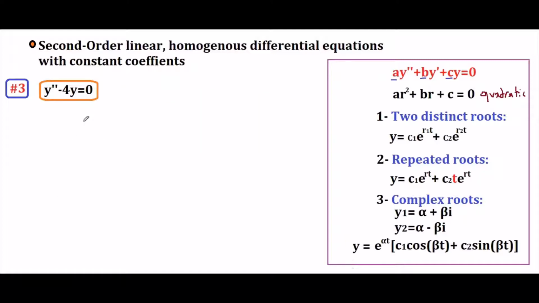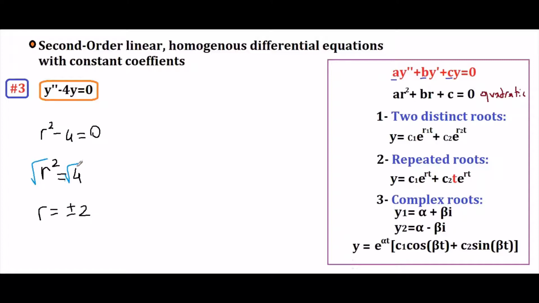Let's do another one. y double prime minus 4y equals 0. We convert this into r squared minus 4 equals 0. If we add 4 on both sides, we obtain r squared equals 4, and if we take the square root on both sides, we obtain r is equal to plus or minus 2.